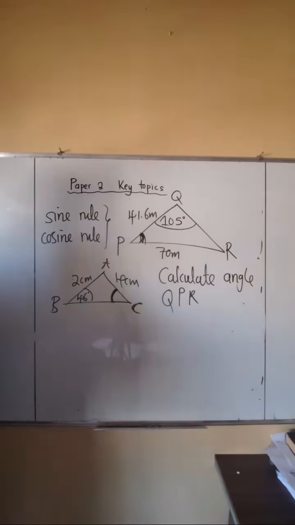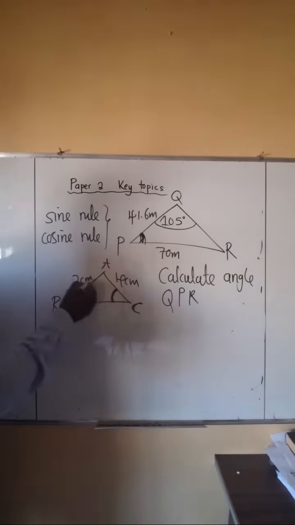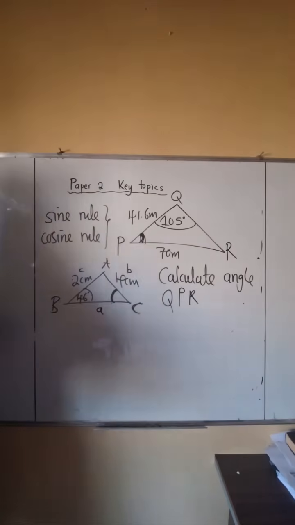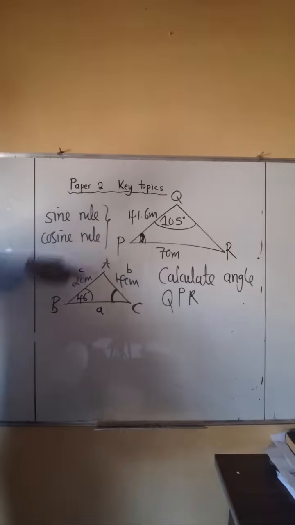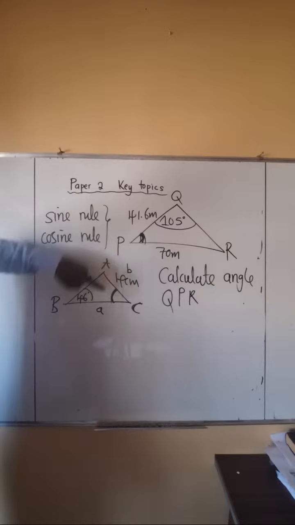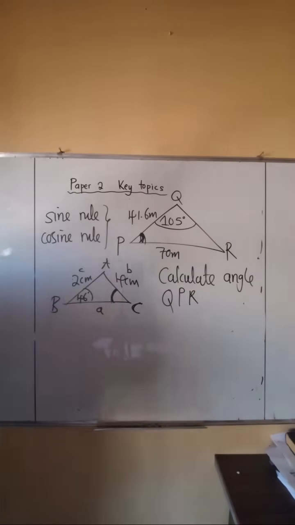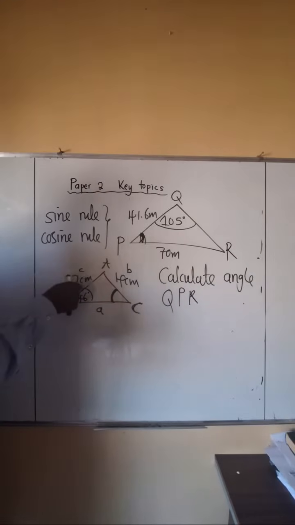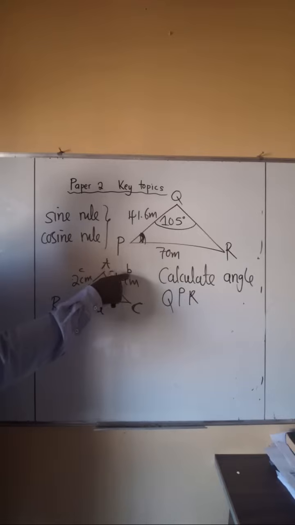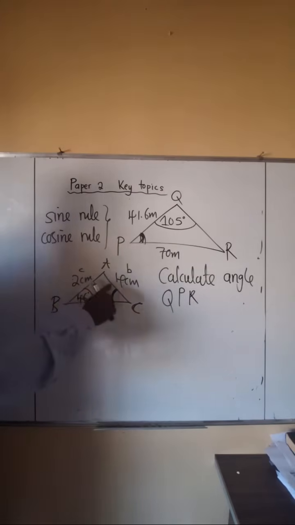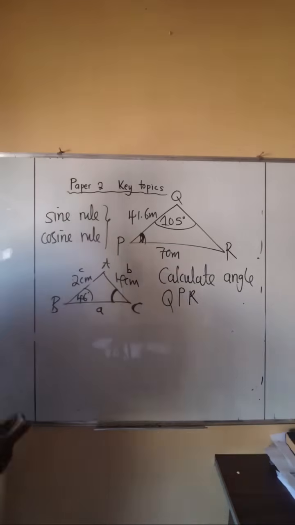The first thing I'm going to do is to label the sides. So this will be small letter c, small letter b, small letter a. How we label: the side that is opposite to the capital letter is the small letter. The capital letters represent angles, and small letters represent sides.